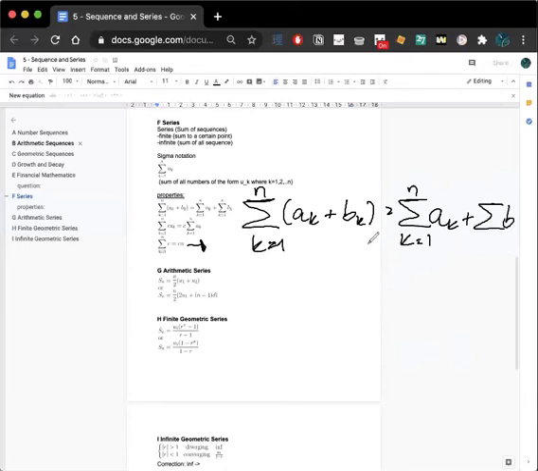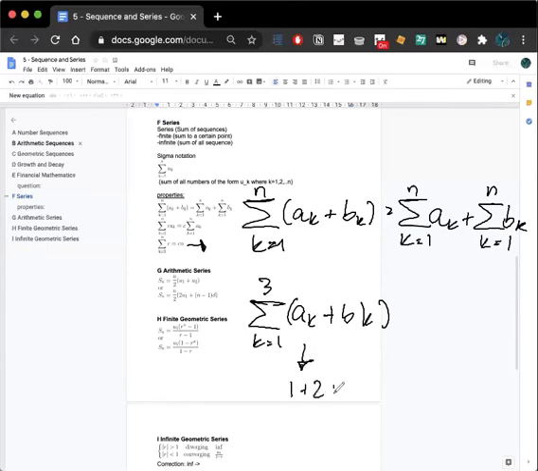Like, let's say an example, a equals 3 and b equals 2, right? Let's say something like k equals 1, and let's just say it's something like this again. That would be like saying 1 plus 2 plus 3 plus 1 plus 2 plus 3.